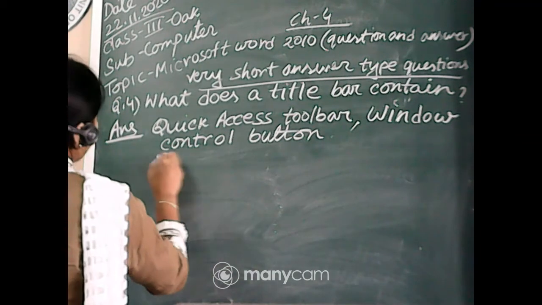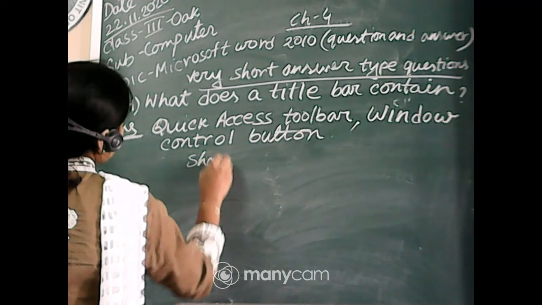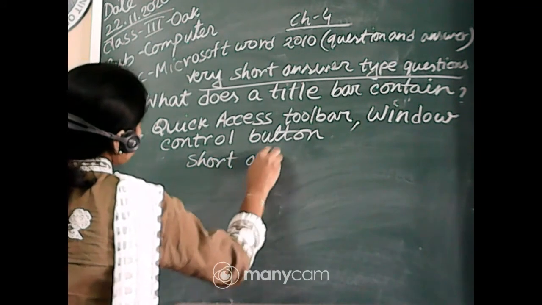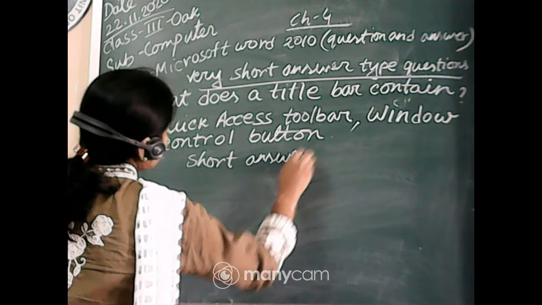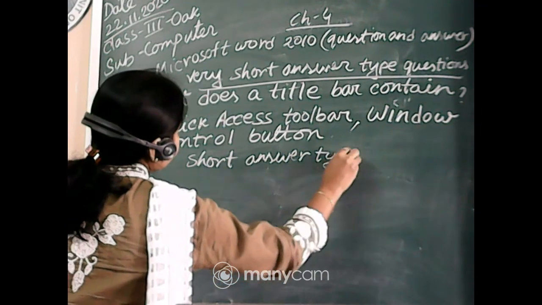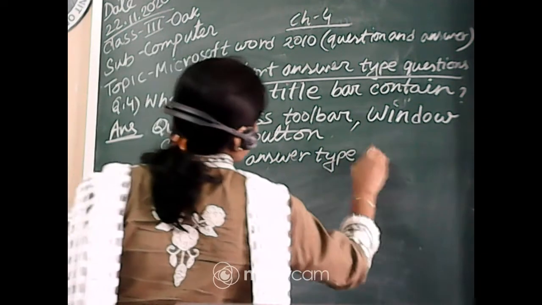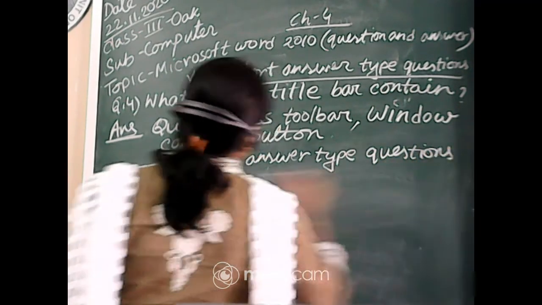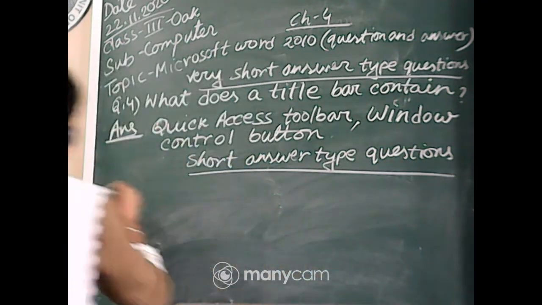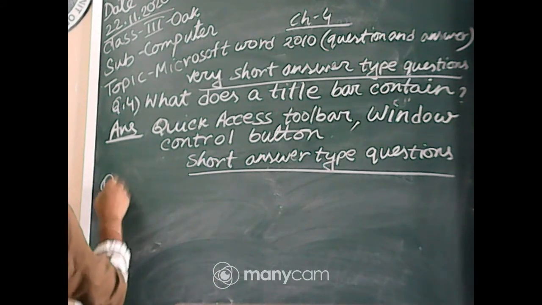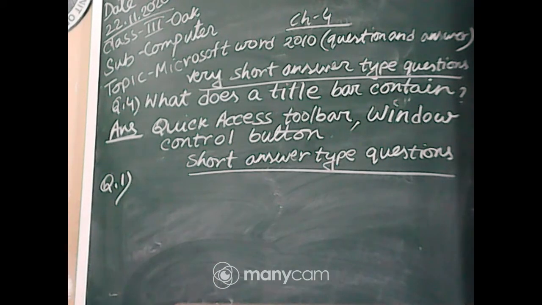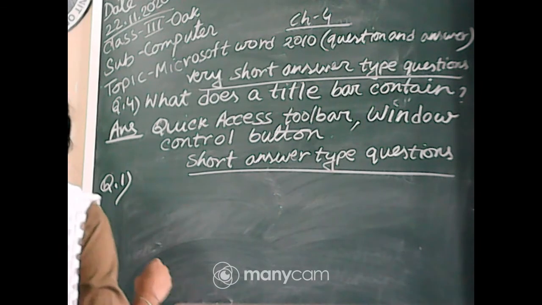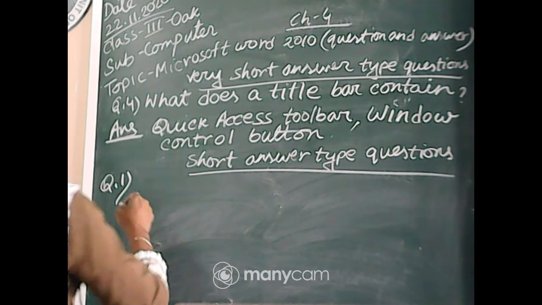Now we will write short answer type questions. Question number 1. First write down question number 1. List the steps to exit a document.